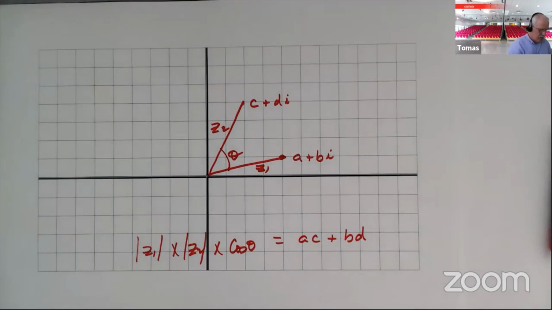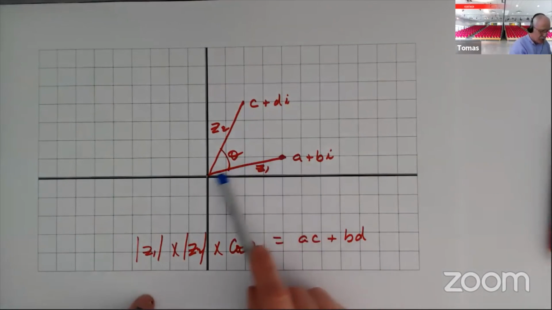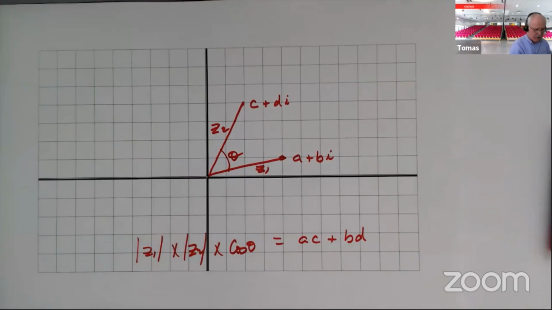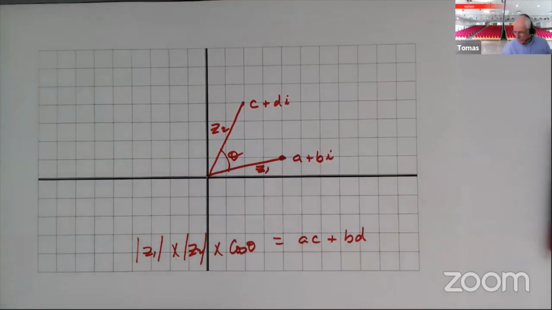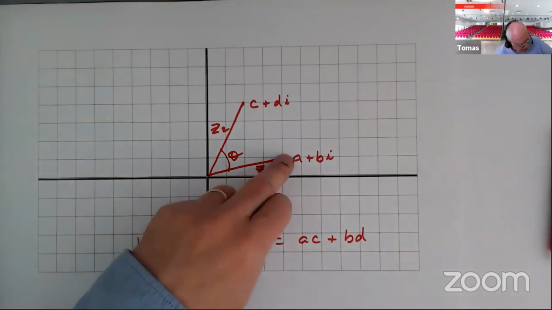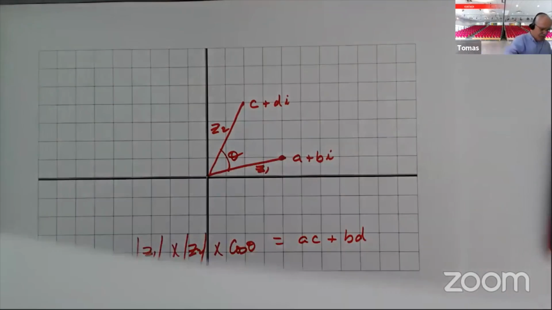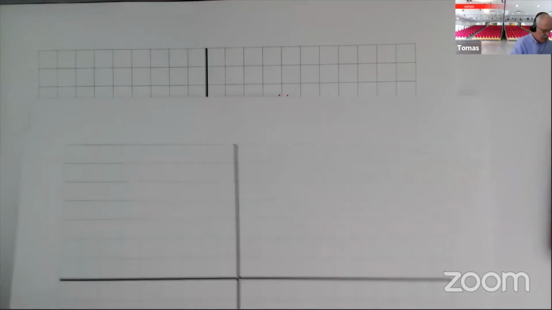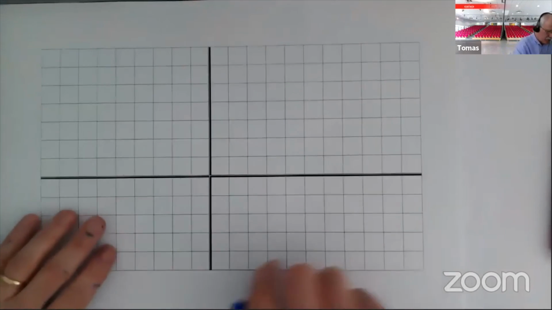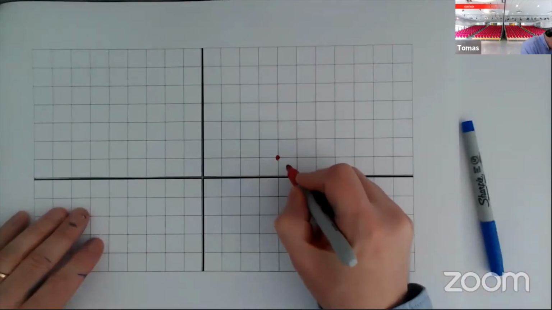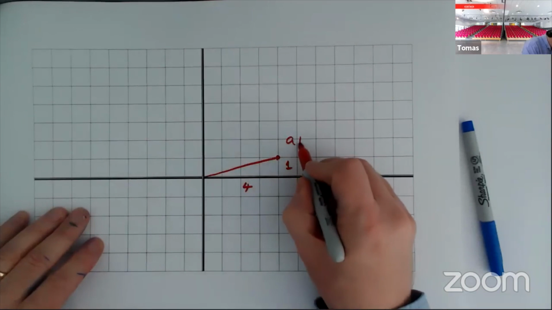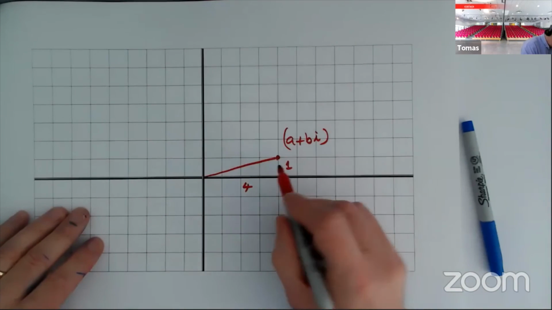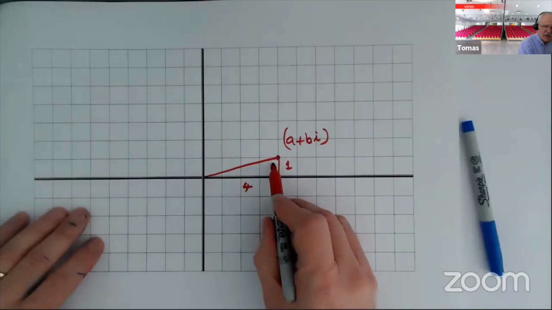Now, how would we do that? Well, the first thing we've got to do is to find out what the modulus of Z1 is. How do we find the length of Z1? If it's A plus Bi, let's say 4 out and 1 up. What is the length of that?